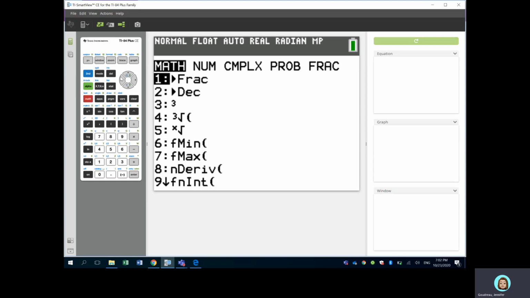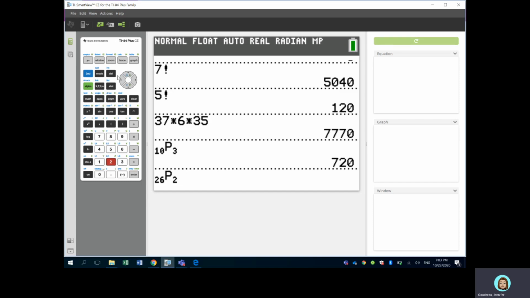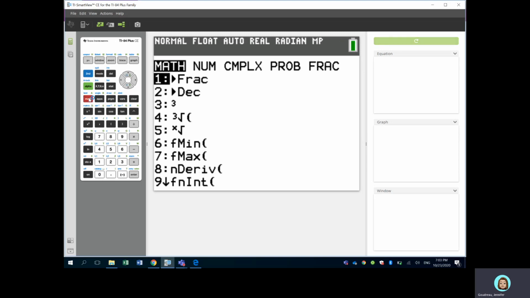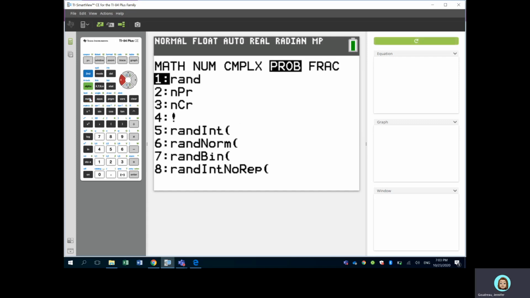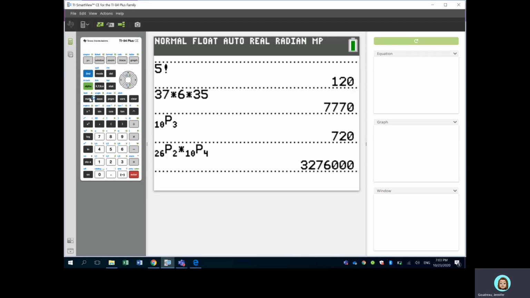We're going to go across to the probability menu, choose number 2, and then put in our R value of 2. You may have to arrow over, put in your multiplication, and then the 10 for our N value of our next set of digits, across the top to the probability menu, number 2 again, and then we are arranging them 4 at a time, and the calculator does it for us, so we get 3,276,000.